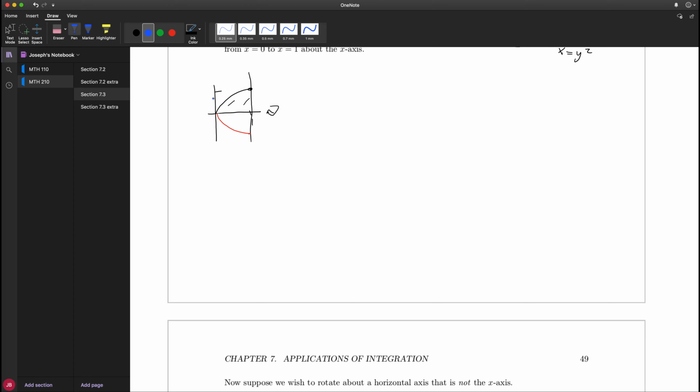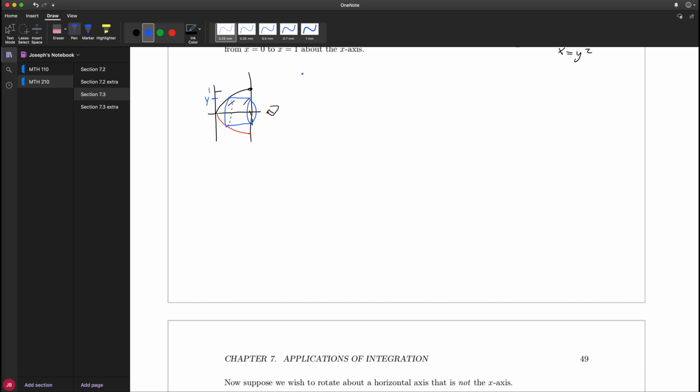Pick a y value in our y range. This is y goes from 0 to 1. Now the cylinder will have this height here, which we'll get to in just a minute. And then when we spin it, we get something that looks like this.